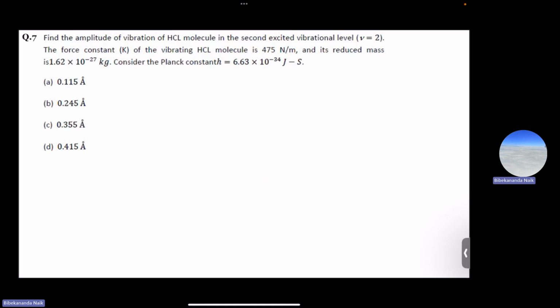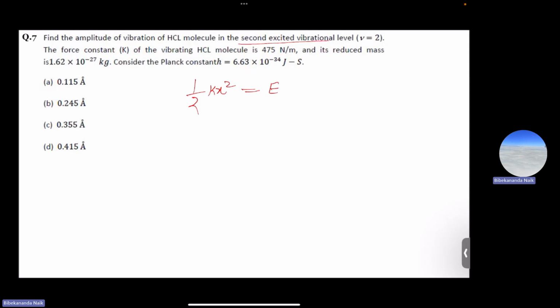So now let's solve this question. Now again we know half kx square is equal to the energy value. Now what is the energy level given?